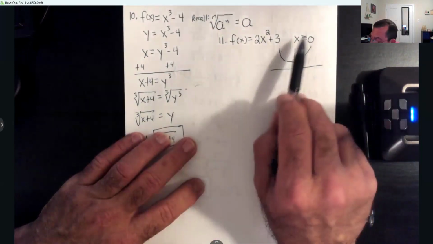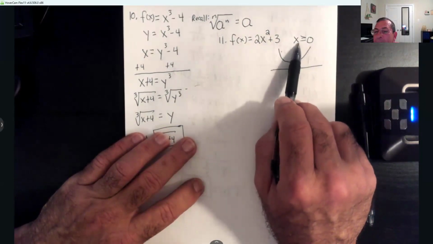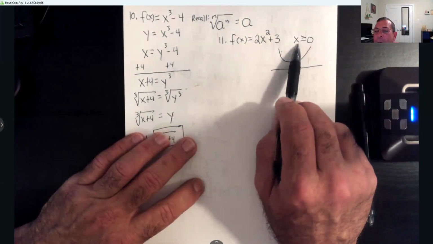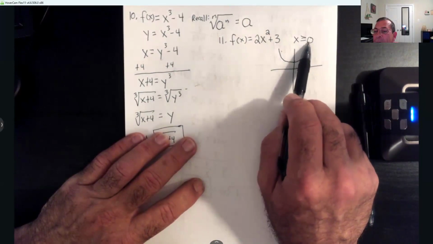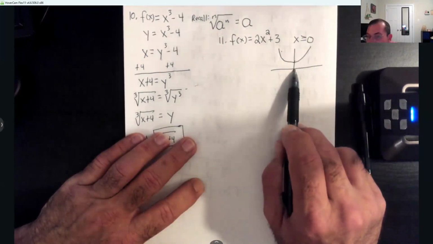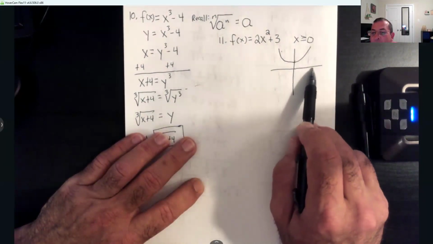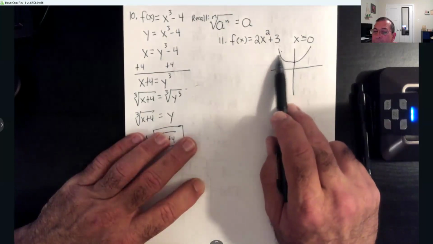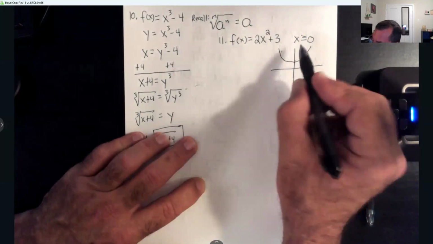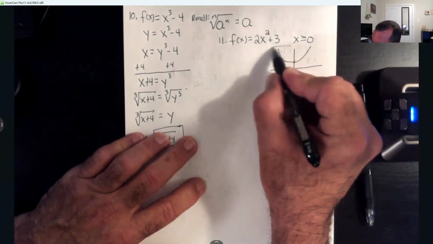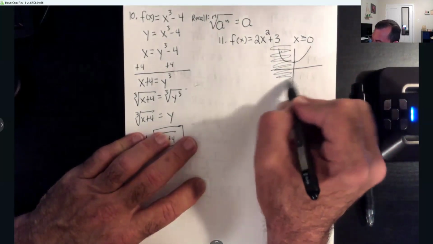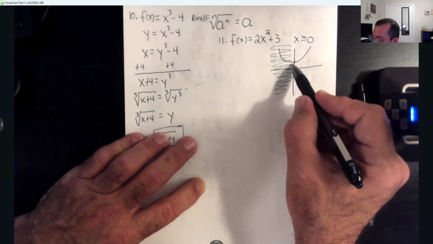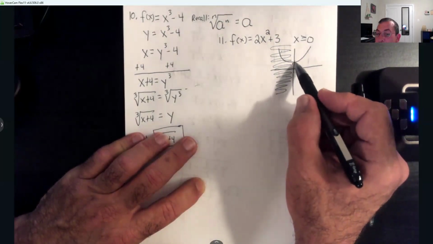But guess what? They're telling us right here that the x's are only the x's that are greater than or equal to 0. Well, the x's greater than or equal to 0 are on the right side. So they're not wanting us to count this side of the graph. So since x has to be greater than or equal to 0, this wouldn't be here, and we would only consider that part of the graph.